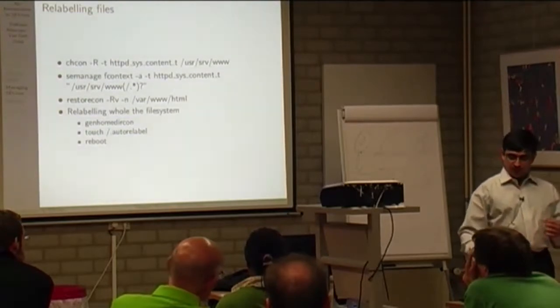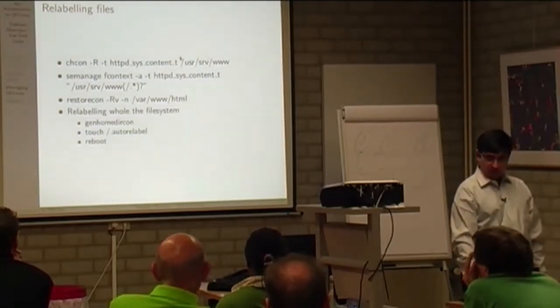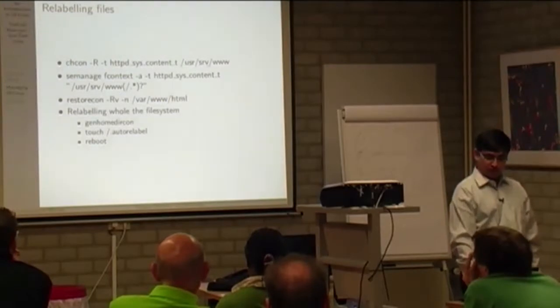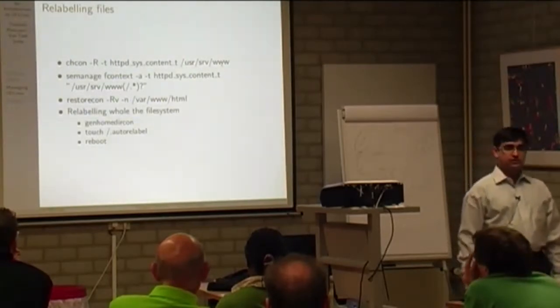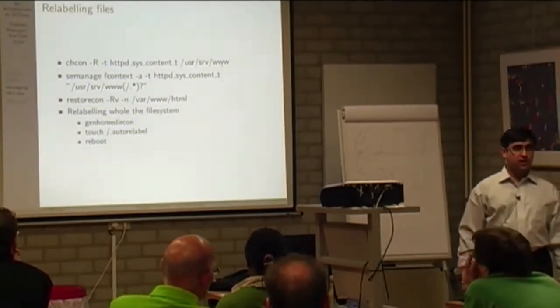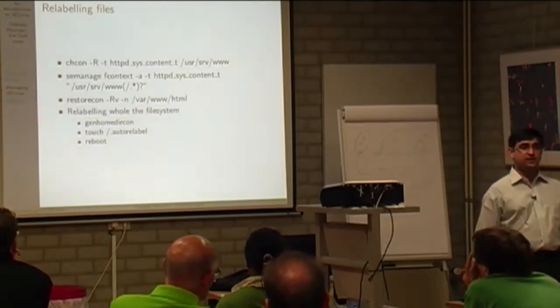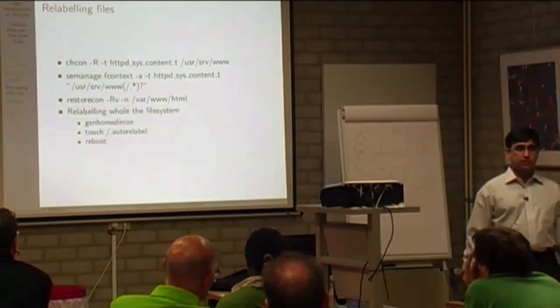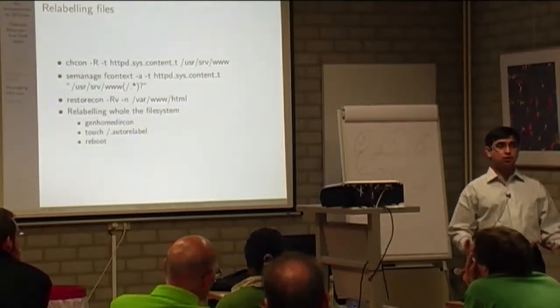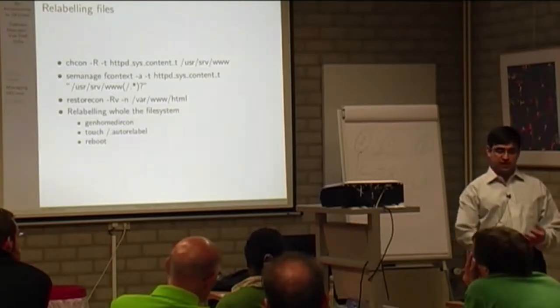Now, let's say I created my own directory, /srv/www, which is I think the default in Debian, but I want that on a Red Hat system. Then by default that would get an unconfined label, because the database doesn't know what this location should have as the default file label.